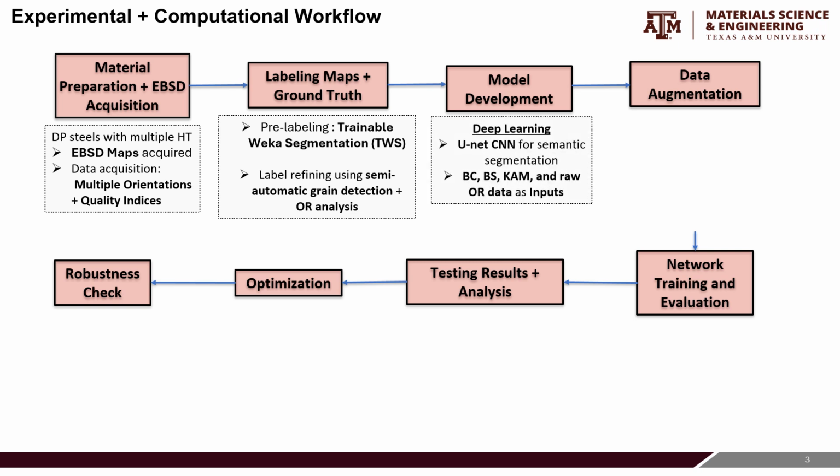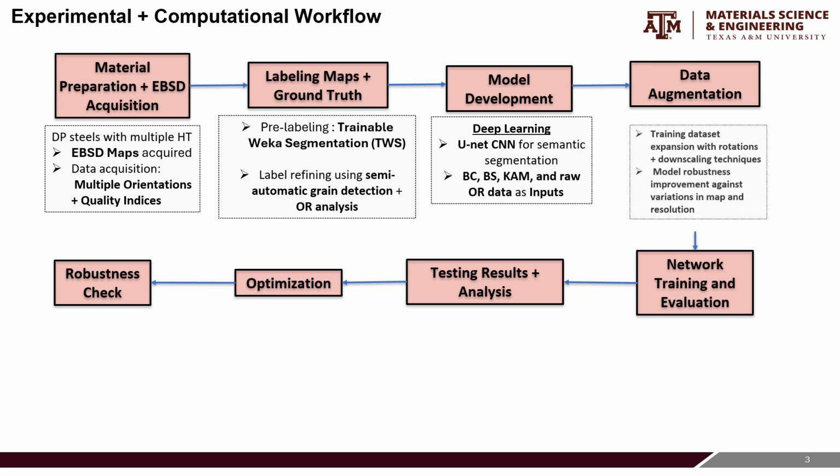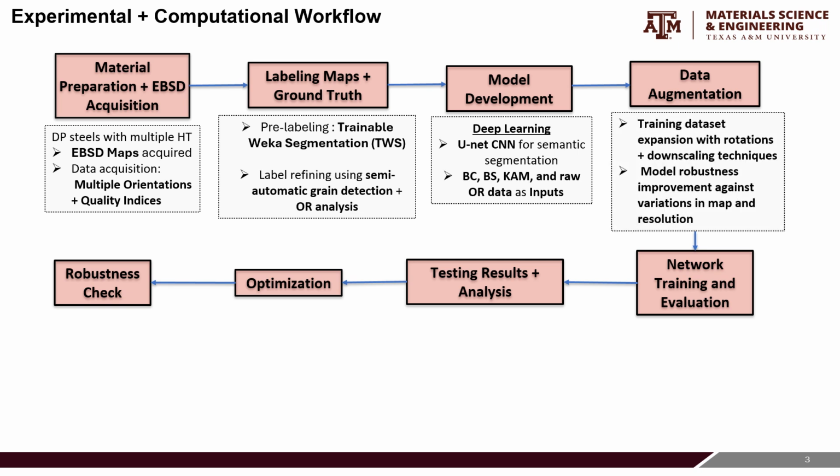The U-Net model was then deployed for semantic segmentation, and the inputs for the model were different EBSD maps and parameters like band contrast, band slope, kernel average misorientation, and raw orientation data. Then data augmentation was conducted on the training data set with different downscaling techniques as well as rotation.